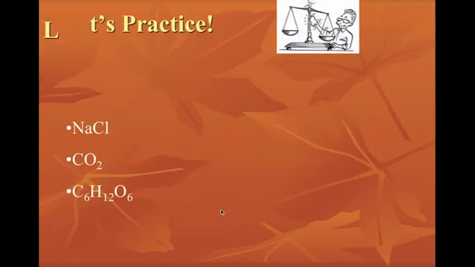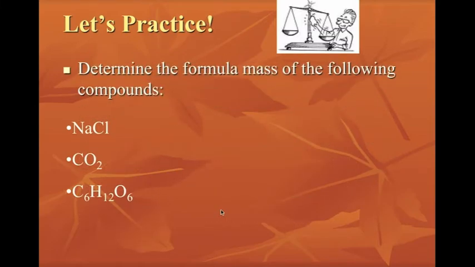Now let's go ahead and do a little bit more practice. We're going to determine the formula mass for the following compounds. Our first compound is sodium chloride. We have sodium and chlorine in the compound, and since they don't have a subscript, it's an understood 1, so both of them are just 1.